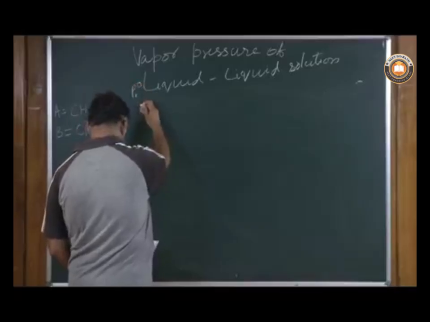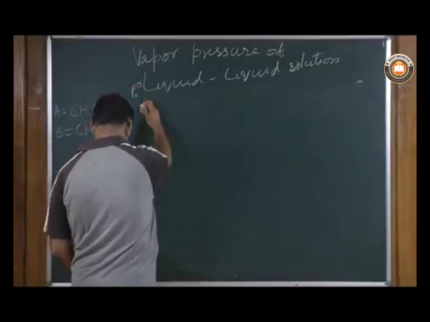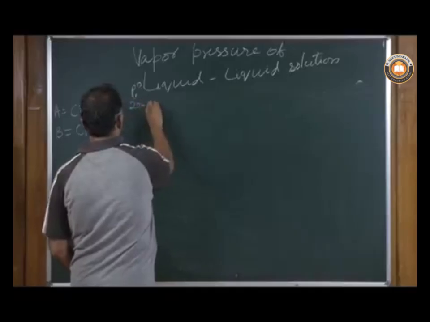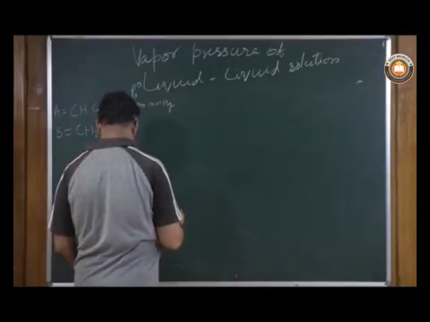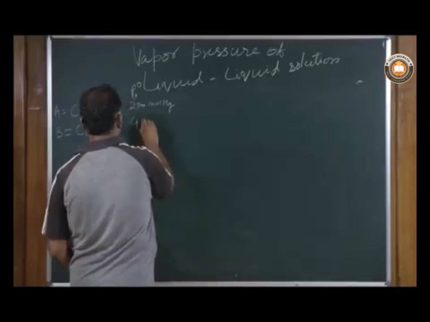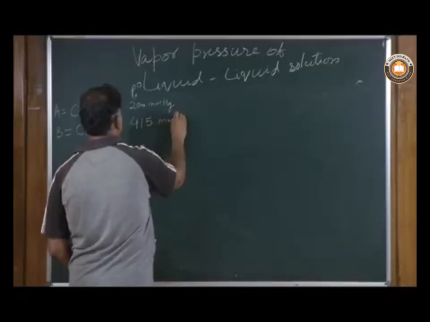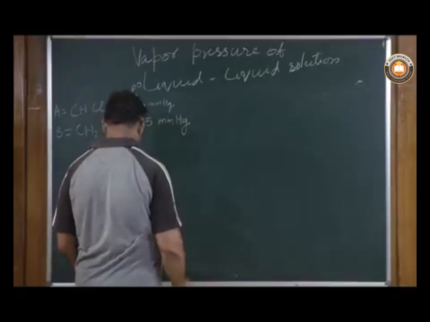So, P A 0 is going to be 200 millimeter Hg, and P B 0 is going to be 415 millimeter Hg. Okay.